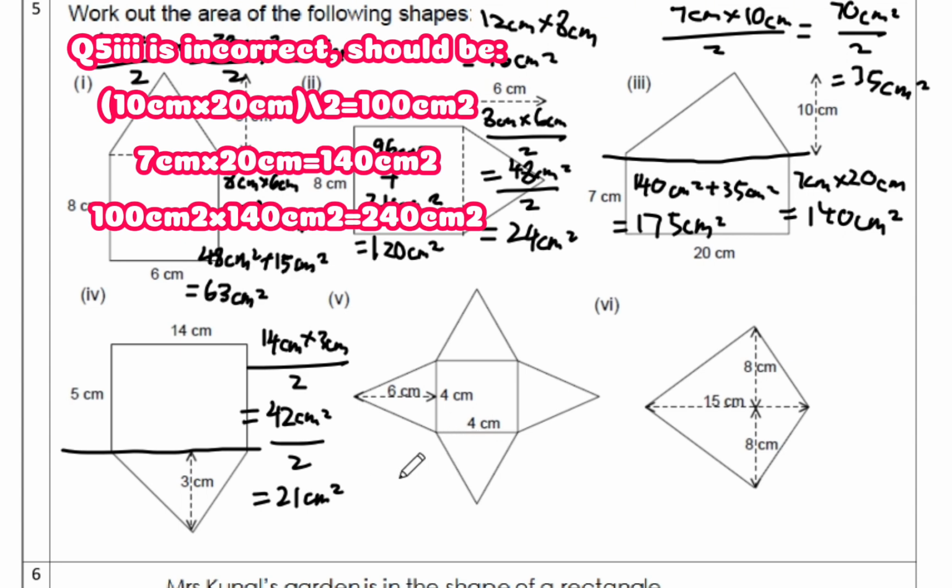And we will now get 5 cm times 14 cm, no need to over, 5 cm times 14 cm would equal 70 cm square. And now we'll add them together, so 70 cm square plus 21 cm square, we would get 91 cm square.